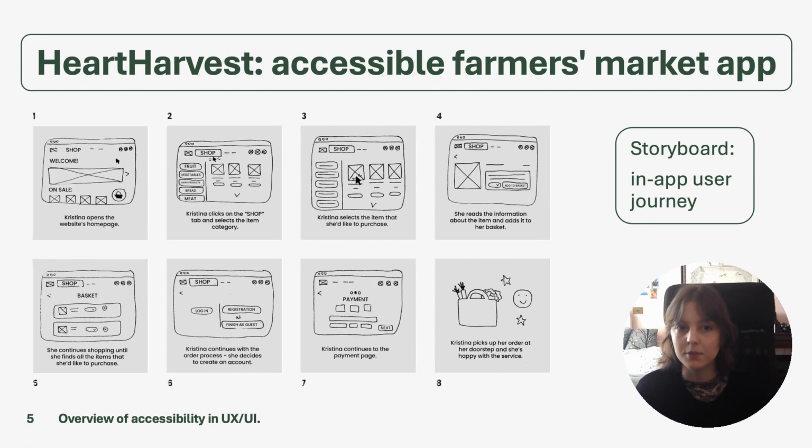The next step in the process was determining the flow of the app. So I made 2 storyboards to figure out how the user comes from the beginning of the user journey to the end.